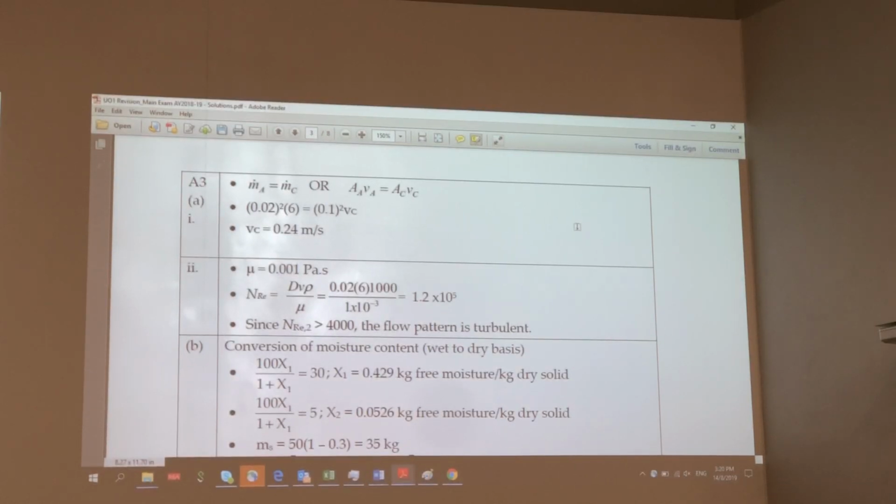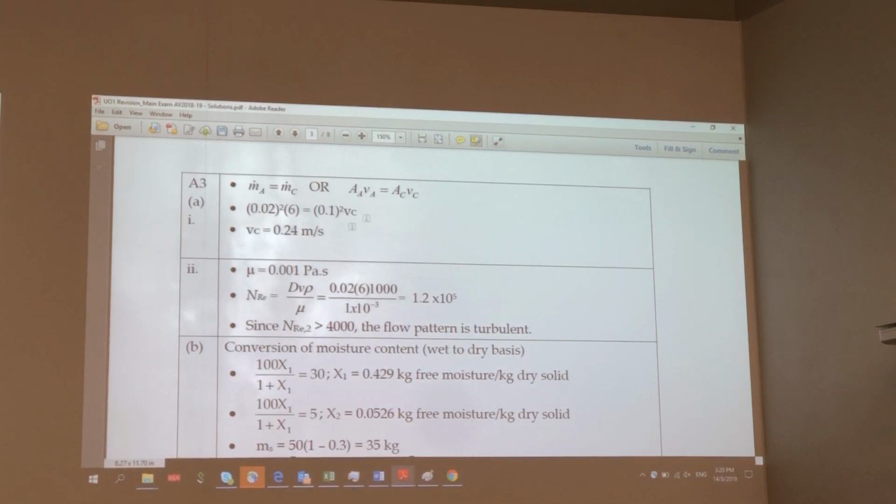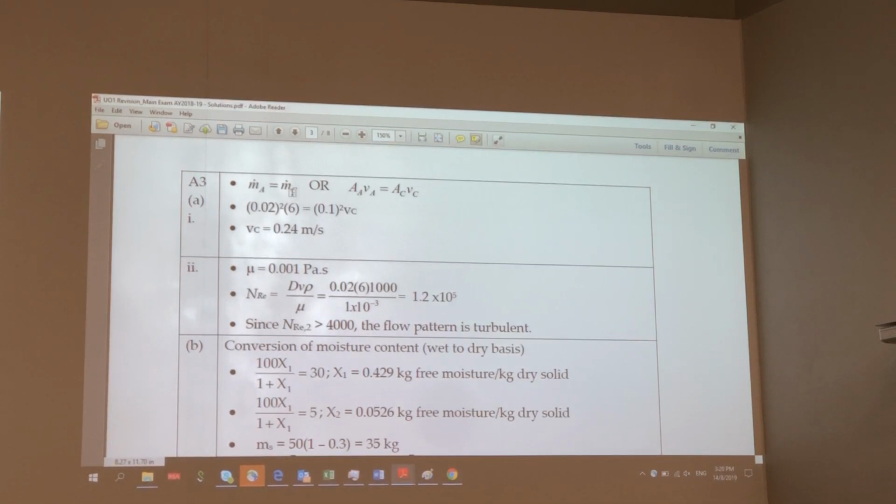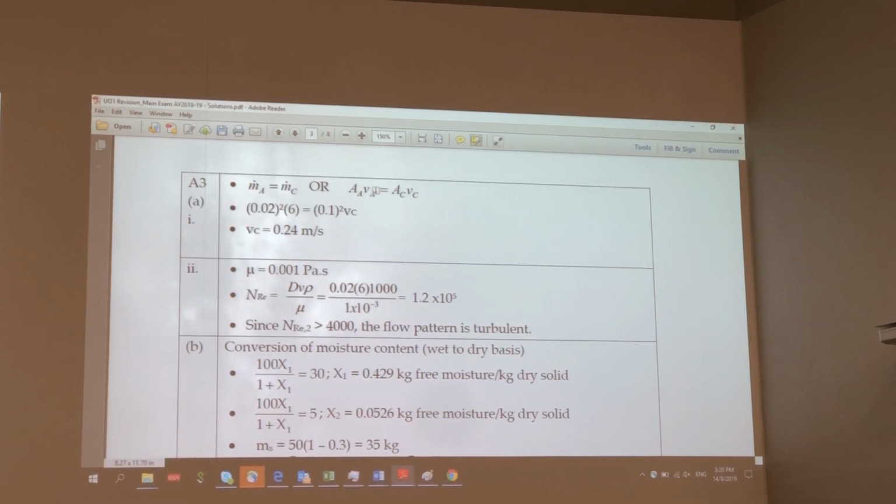Yes? Okay, mass flow rate in A should equal to C. Then for liquid, listen, for liquid is incompressible fluid, right? So density will be constant. So you will cancel out the density, then will be A times B only.